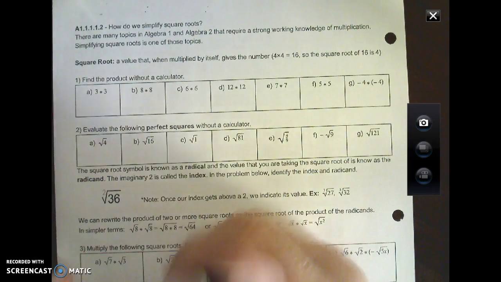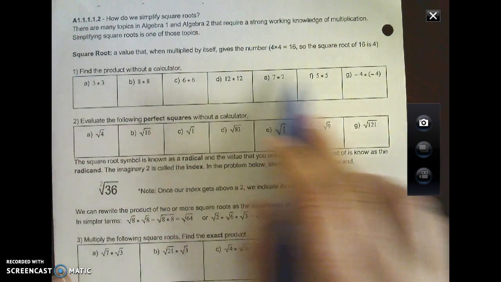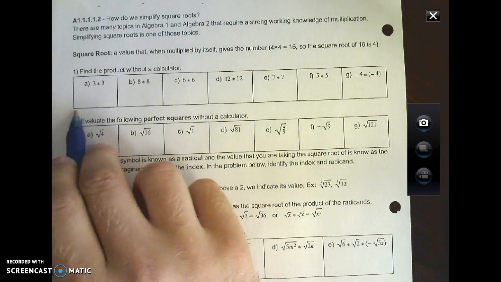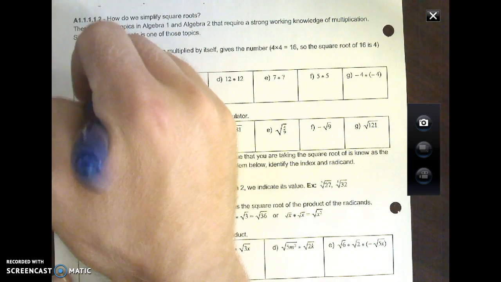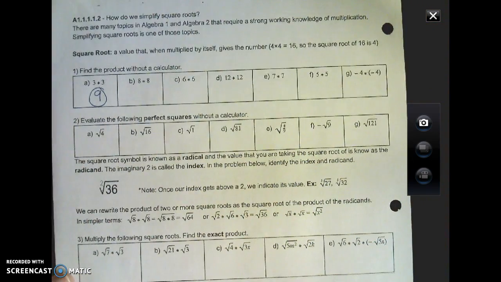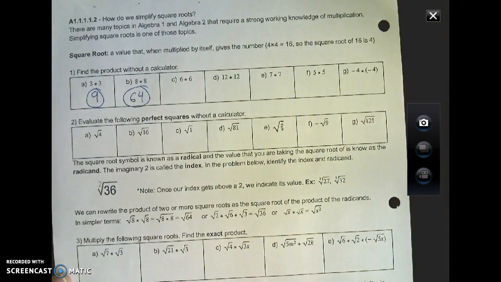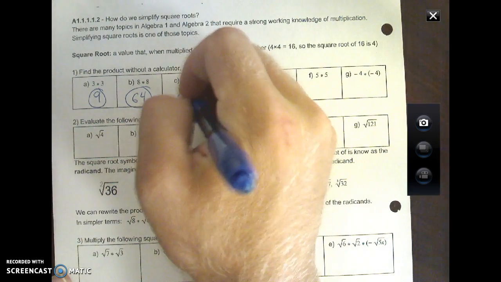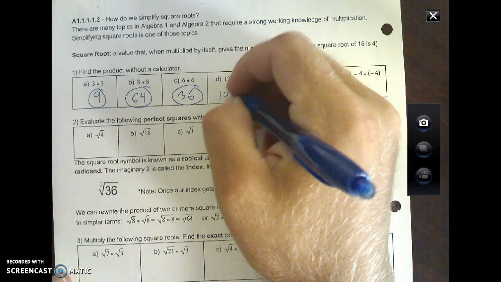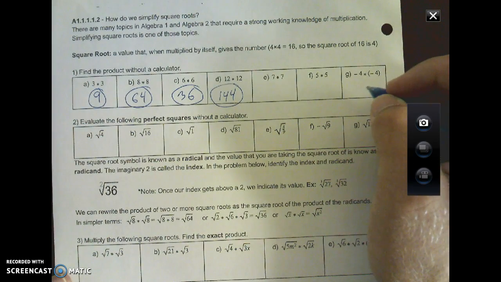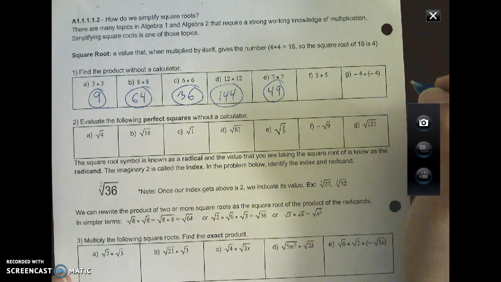So let's take a look at some examples to build on this concept. Find the product without a calculator. We're going to go across, and fairly quickly through this so we can spend more time on the harder stuff. 3 times 3 is 9. 8 times 8 is 64. 6 times 6 is 36. 12 times 12 is 144. 7 times 7 is 49. 5 times 5 is 25.